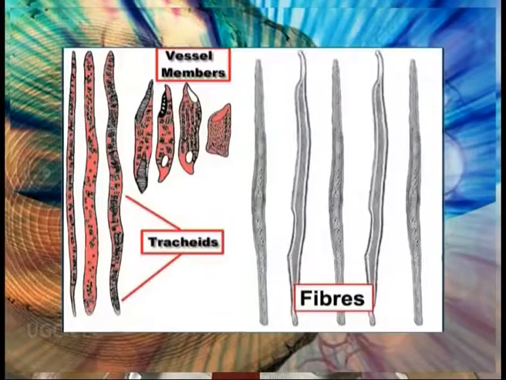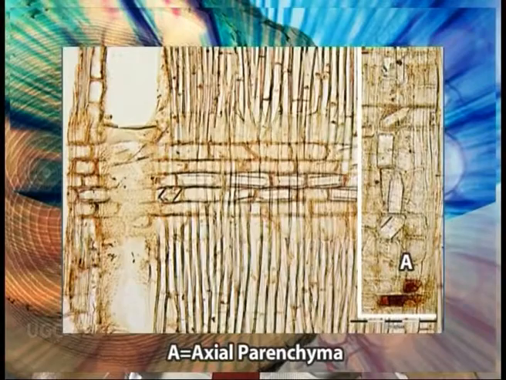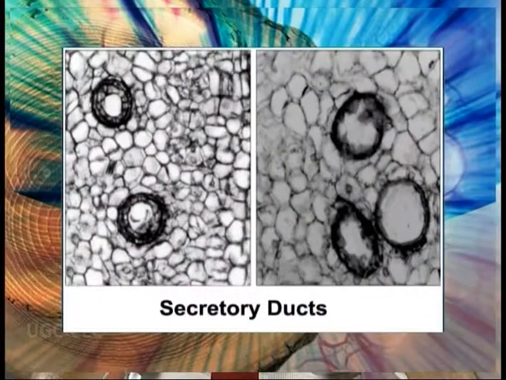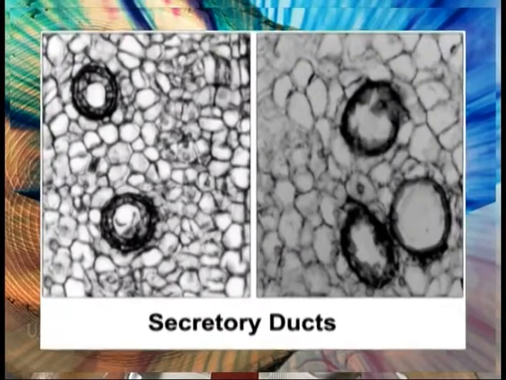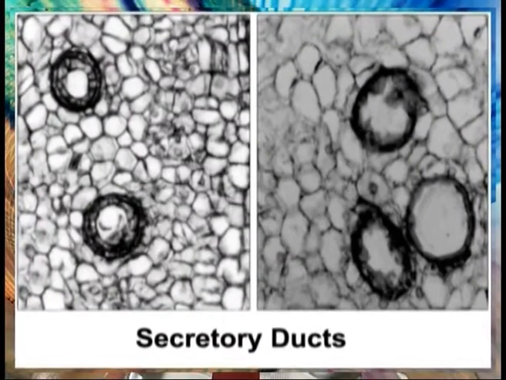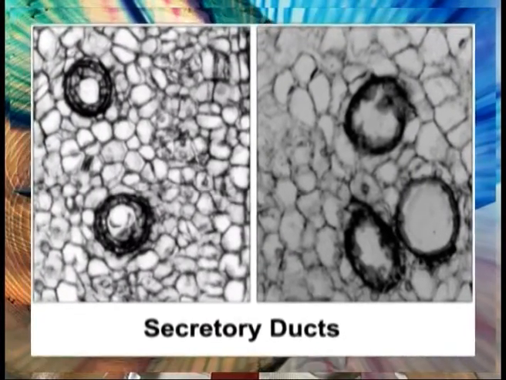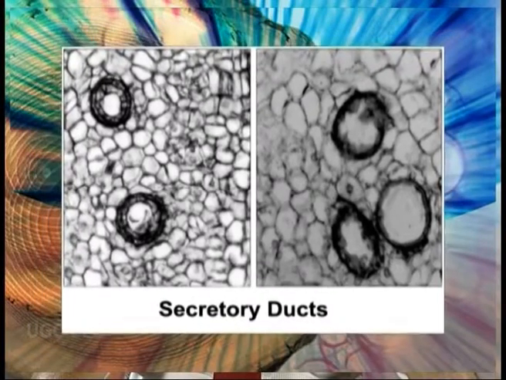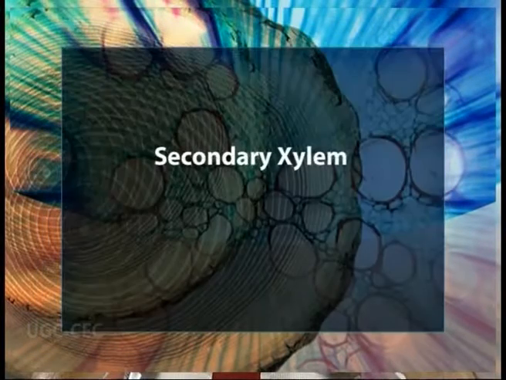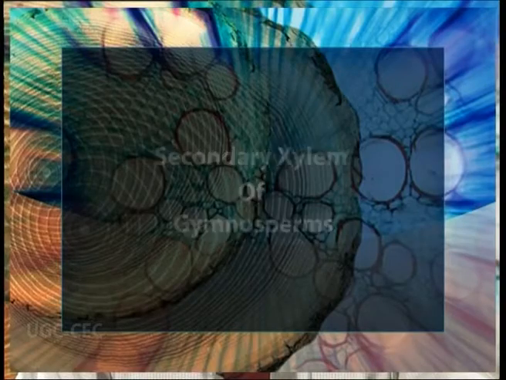In angiosperms, the axial system consists of tracheids, fibers, vessel members, and axial parenchyma. Secretory ducts as well as secretory cavities also occur in some angiosperms and contain in different species a variety of substances. Now, secondary xylem of gymnosperms.